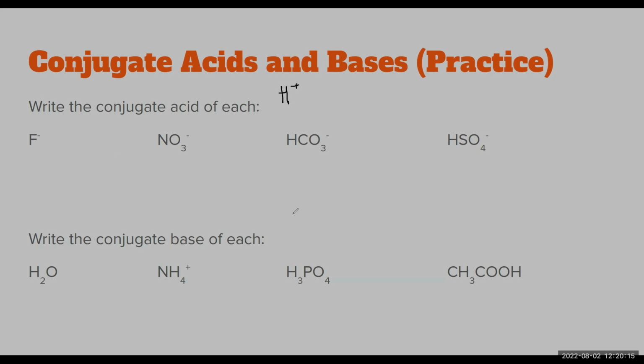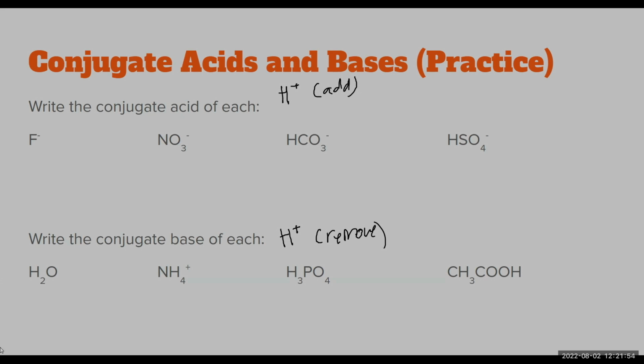Same thing for the conjugate base: you could simply remove an H+. So this one is going to be add an H+, and this one is going to be remove an H+. That will probably be the most straightforward way. So take a minute or two and try to determine the conjugate acid and conjugate base for each one of these examples.